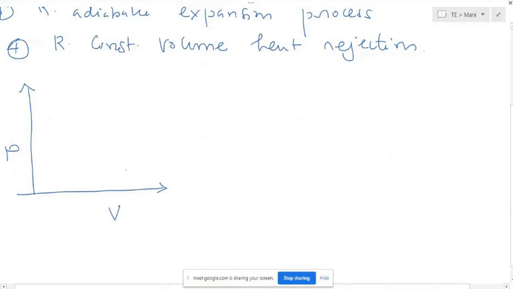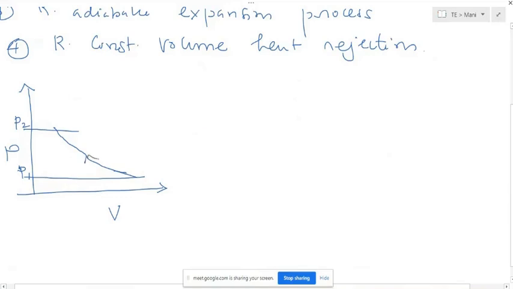Compression means nothing but the volume gets decreased, right? During compression, pressure is increased. So from this position, initially the pressure may be considered here, and the pressure is increased from this position to this position. Here we may consider it as P2, right?